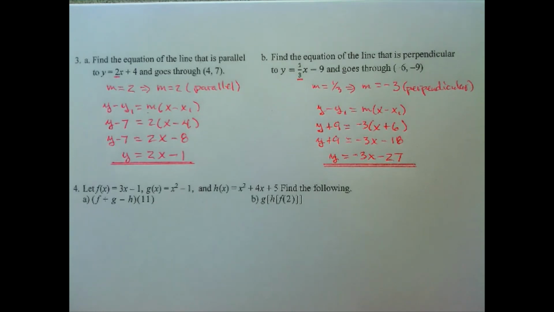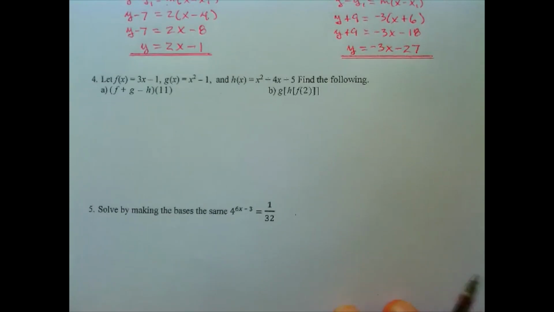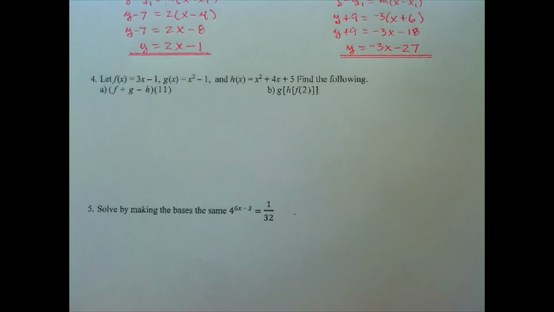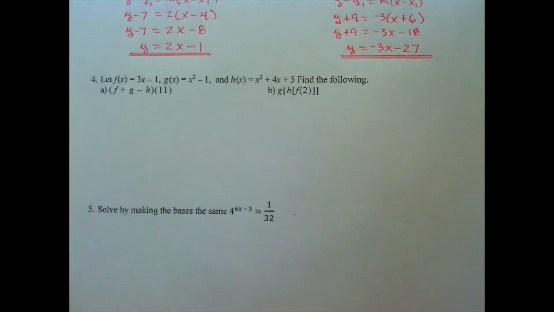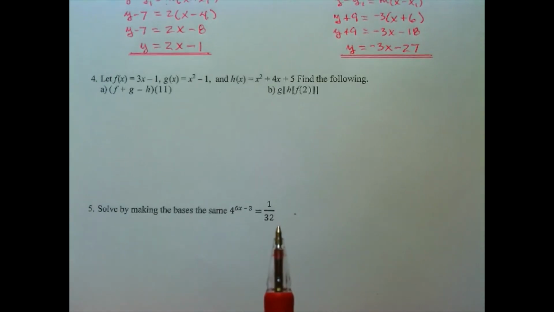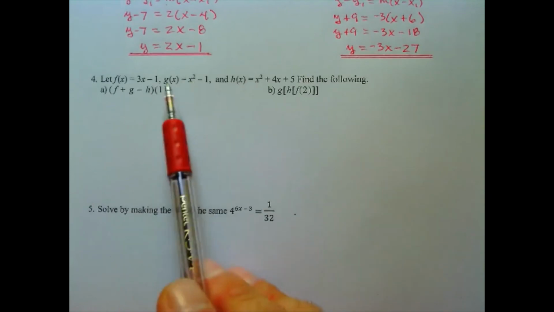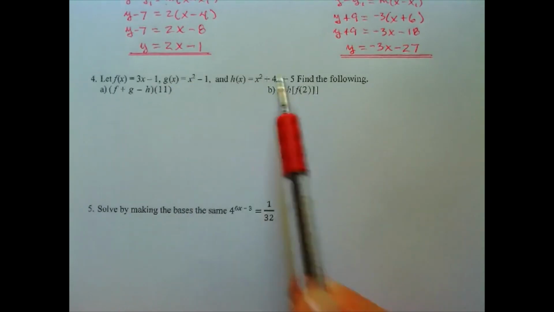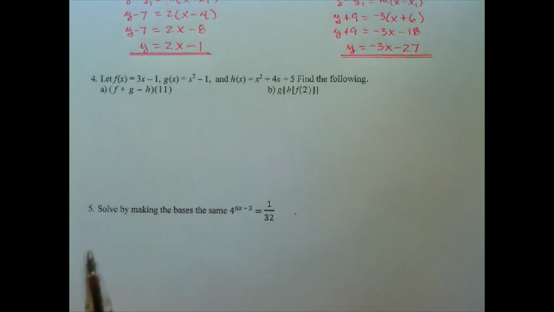Alright, next in problem 4 we're going to look at problems that have functions, and how we can basically go to a function notation for solving problems. So here I have f of x equals 3x subtract 1, g of x is x squared subtract 1, and h of x is x squared plus 4x plus 5.